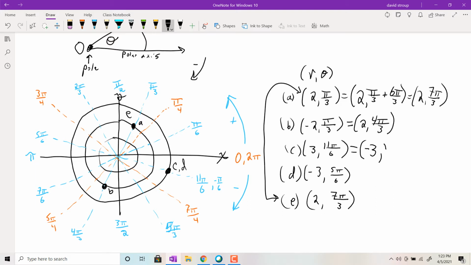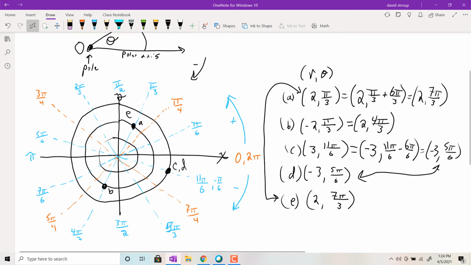So 11 pi over 6, and then subtract 6 pi over 6, and we get negative 3 comma 5 pi over 6. And you see the C and D then are the same, just doing that kind of process.